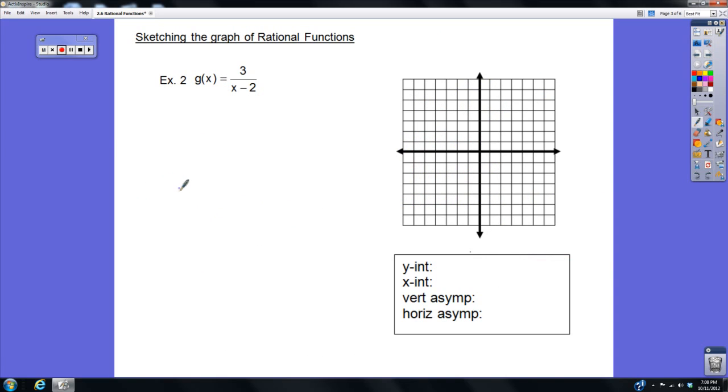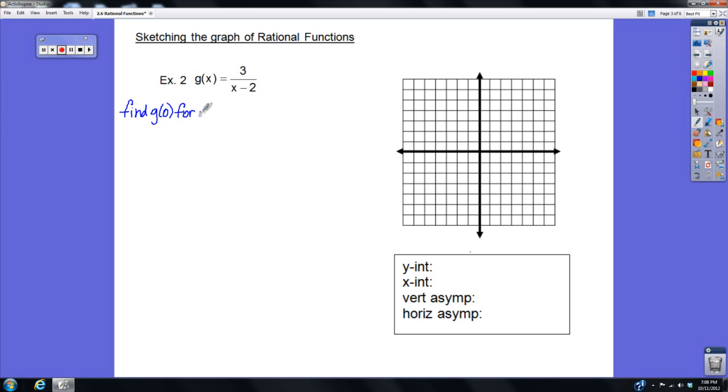In this next example, we are going to find several different things as well as sketch the graph. Let's start by finding the y-intercept. We are going to find g of 0. In other words, we plug a 0 in for the x.